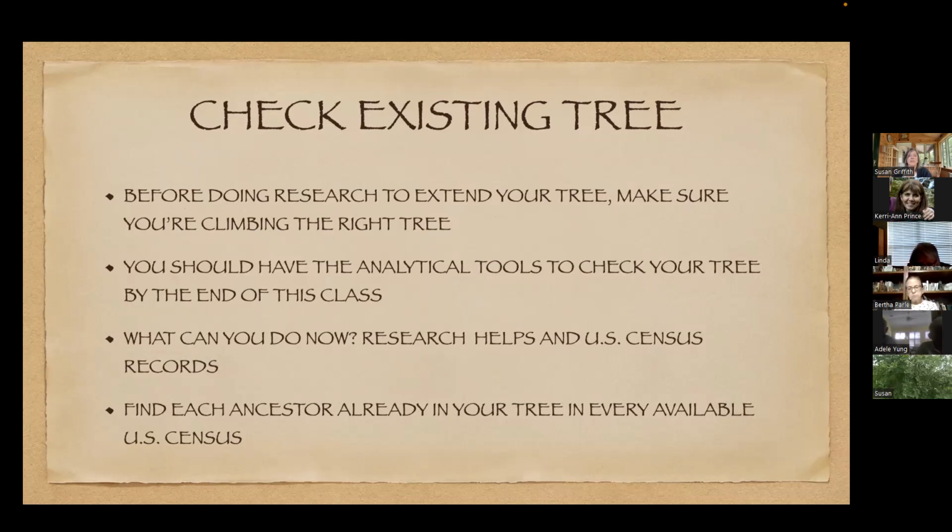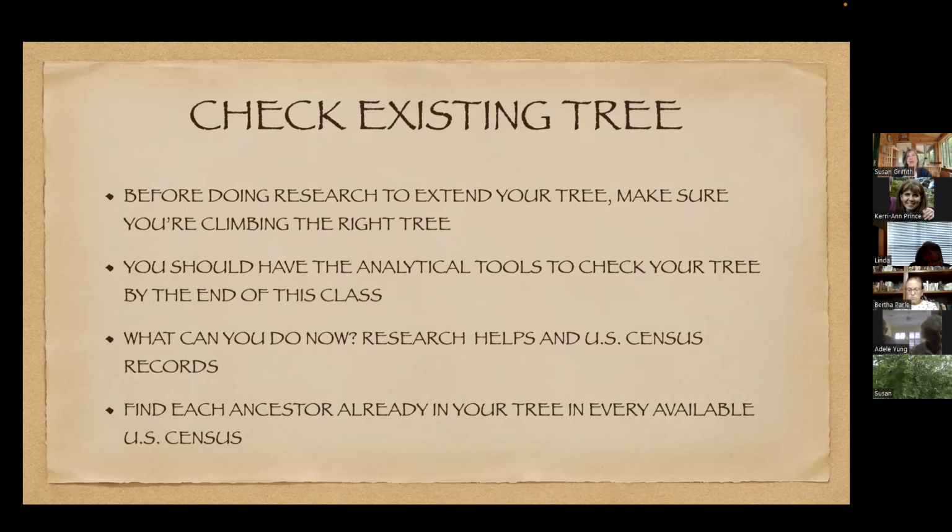But we need to check every connection. Every person in the tree, we need to make sure we have the right parents for them, because one missed connection and you're going up the wrong tree and doing work for somebody else, not for you. So we need to make sure every connection is correct.